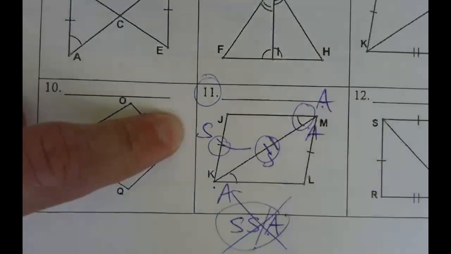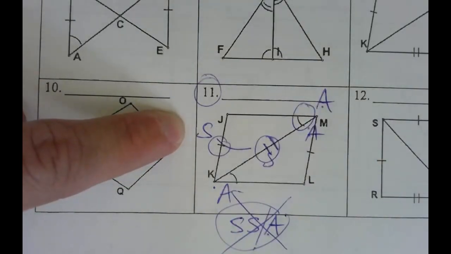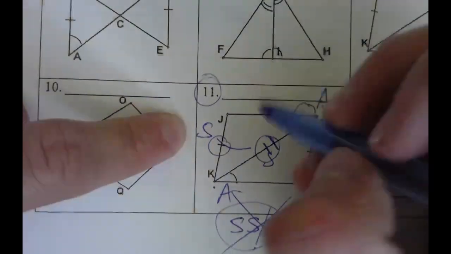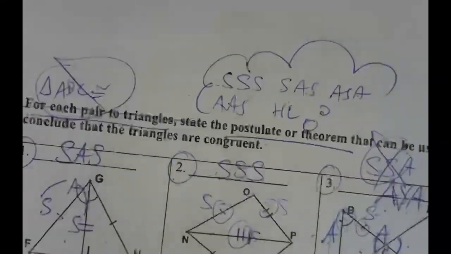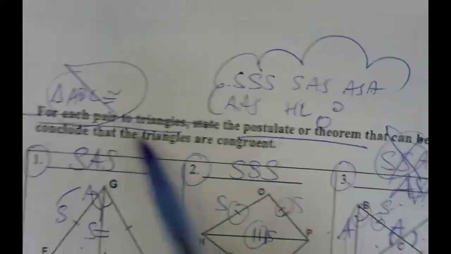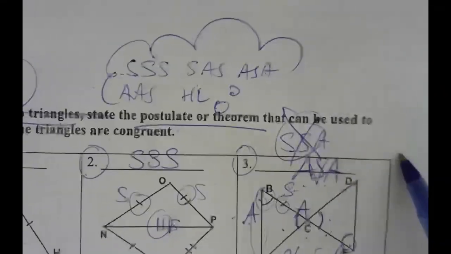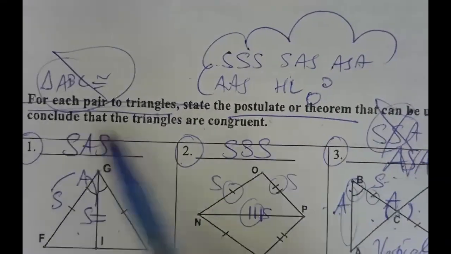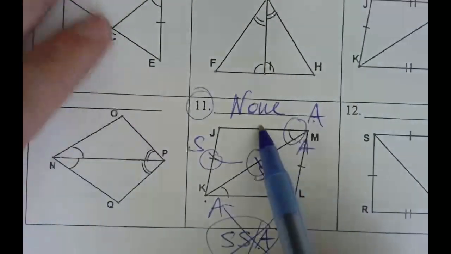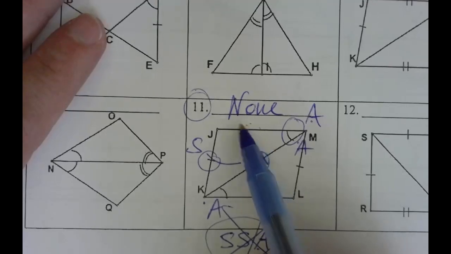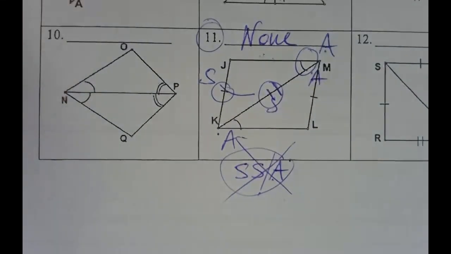It's not a valid congruency method for reasons discussed in class. And for that reason, I would say there is no good answer. I would write none. Since we were asked to state a postulate or theorem that can be used to conclude triangles are congruent, I would say there are none. There are no congruency methods that apply to this triangle because SSA is not a congruency method.